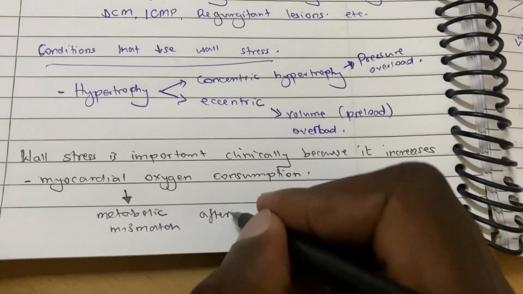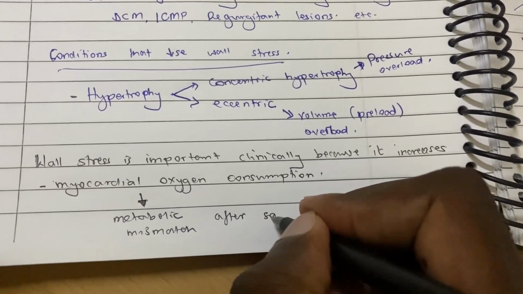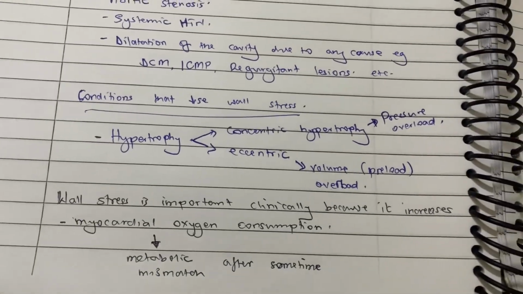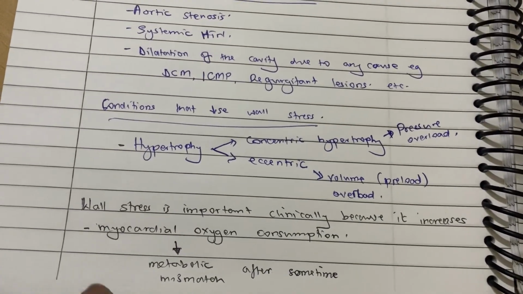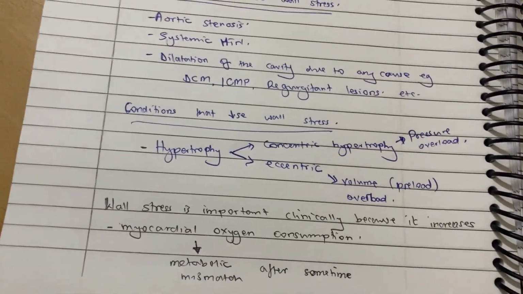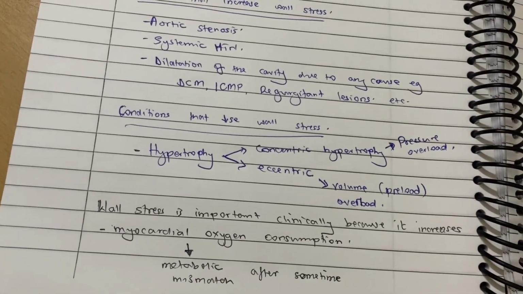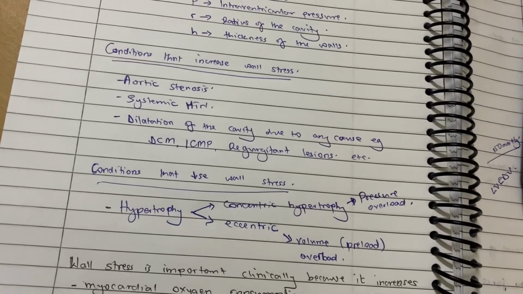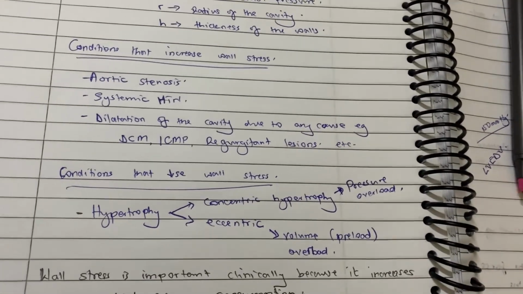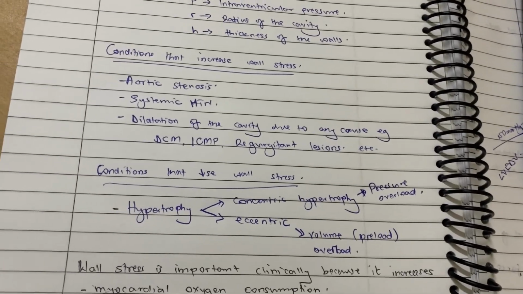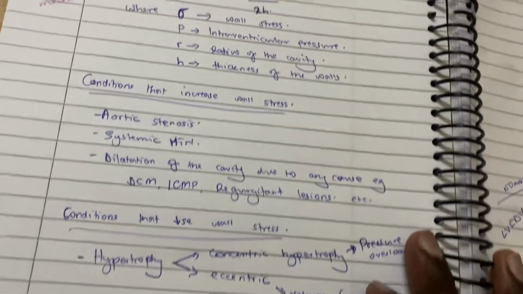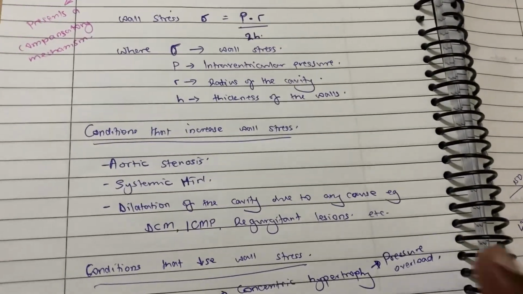After some time, metabolic mismatch is going to be there, and the oxygen requirement is more than the oxygen supply. If that happens, then the force of contraction is going to reduce, because the machinery for contraction requires ATP, which cannot be met.